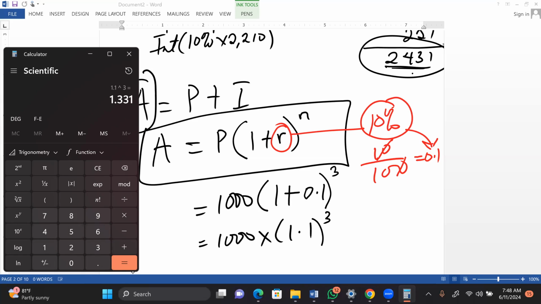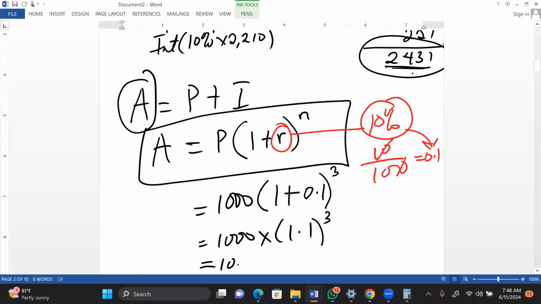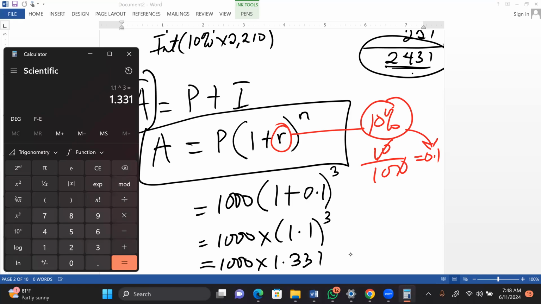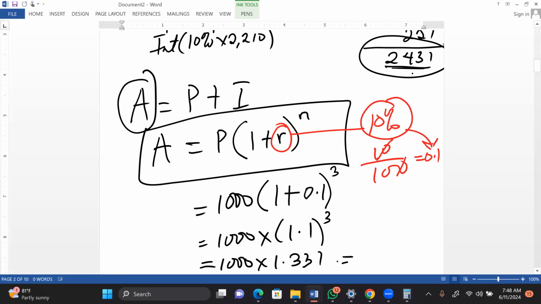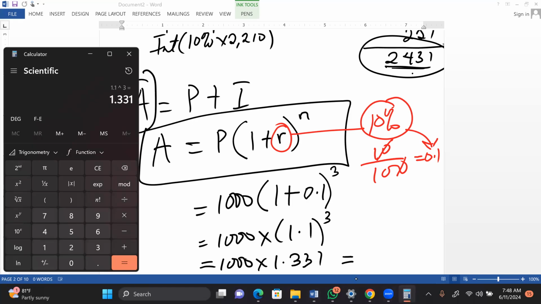So 1.331, that is 1,000 multiplied by 1.331. All right? So we multiply this together now and see what we're going to have. That means 1.331 times 1,000. 1,331.